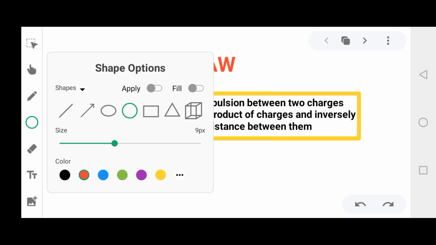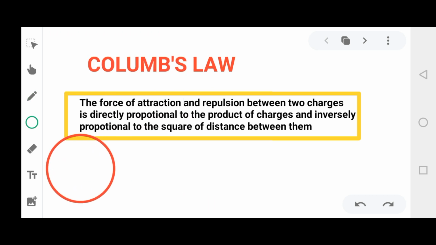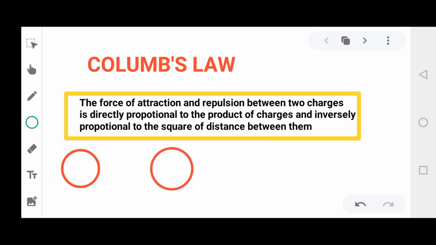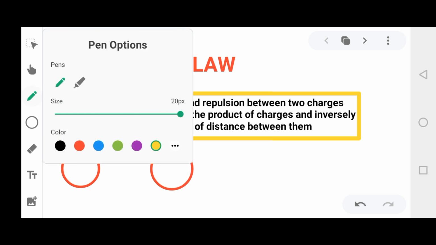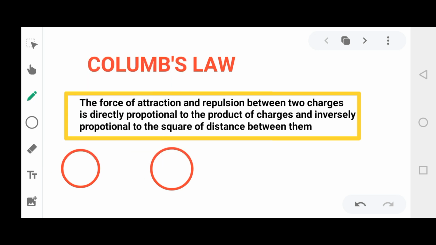Let's say I will take two charges here. I have a charge here, it is q1, and I have a charge here, it is q2. The distance between these two charges is r, it is my assumption. Let's say this charge is positive and this charge is negative.